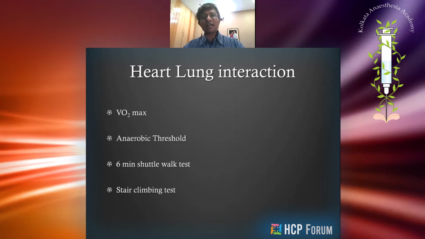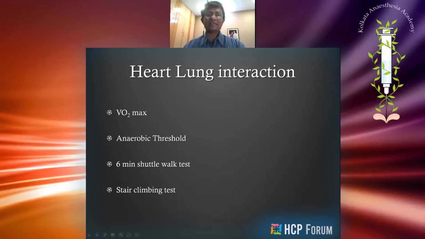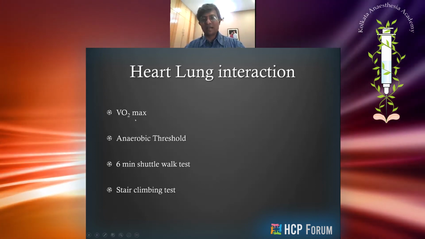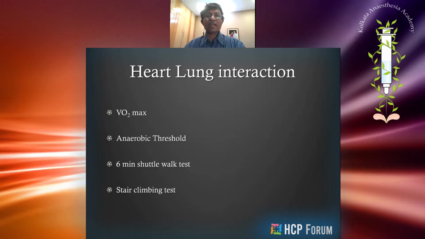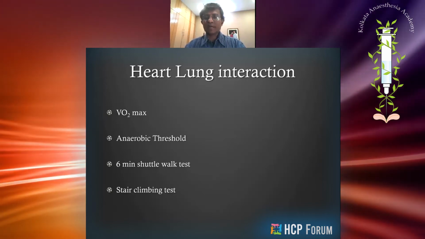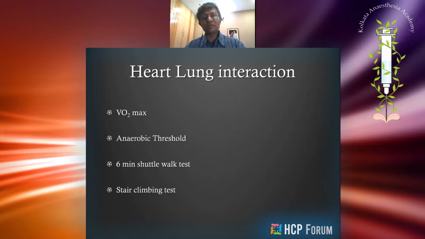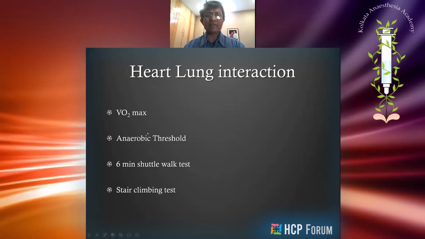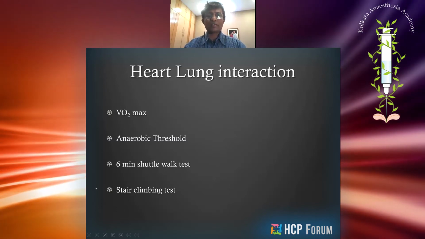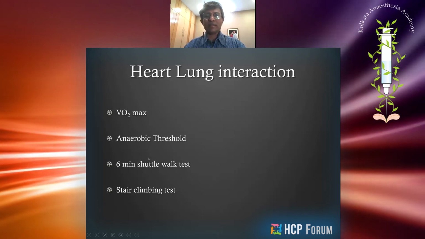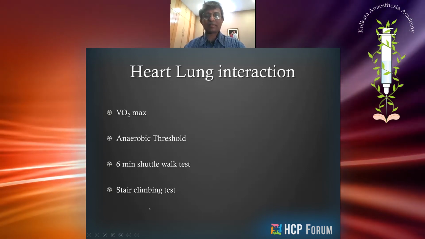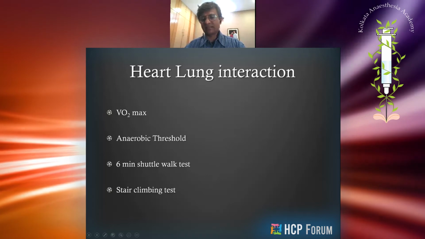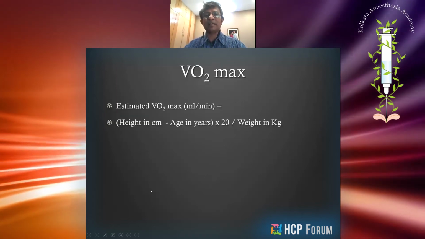And for the heart-lung interaction, the classic is cardiopulmonary exercise testing, looking at VO2 max and the anaerobic threshold. Very few centers will have it. So what are the surrogate ways of looking at it? It is looking at the 6-minute walk, the shuttle walk test, or the stair climbing test. So this looks at the heart-lung interaction.